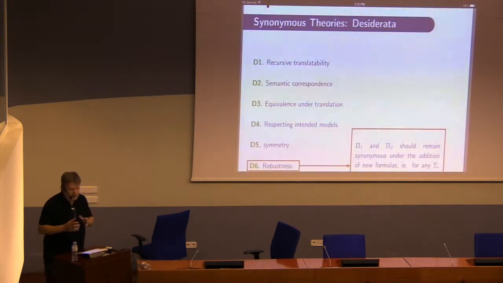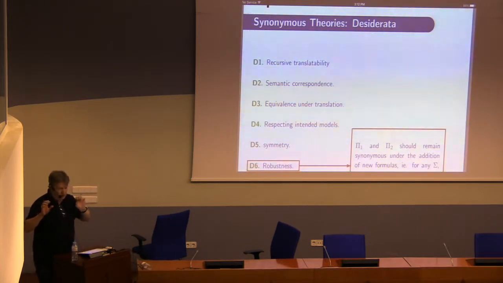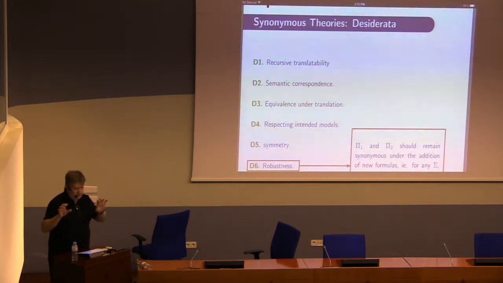And finally, there's another condition which we need when we leave the realm of classical logic. Now I lost a bit of slide, I call it robustness. What this means is that if our two theories are equivalent or synonymous under some correspondences, then when I add something to one of the theories, then this addition plus the original theory should be synonymous with the second theory, with pi2, let's say, and the translation of the sigma, right?